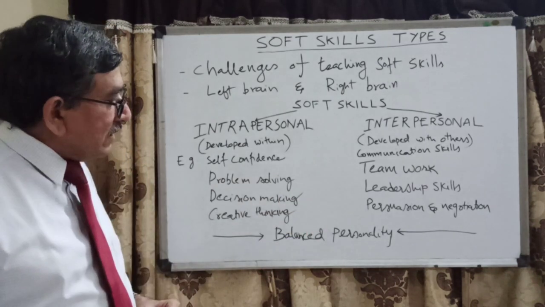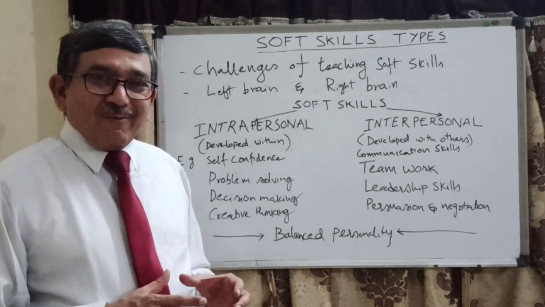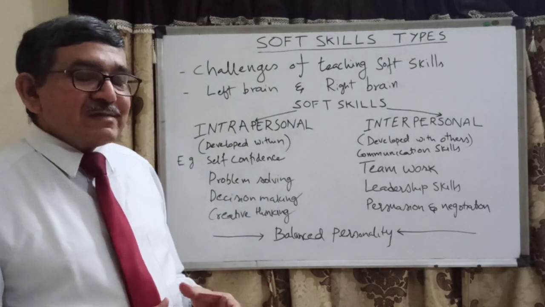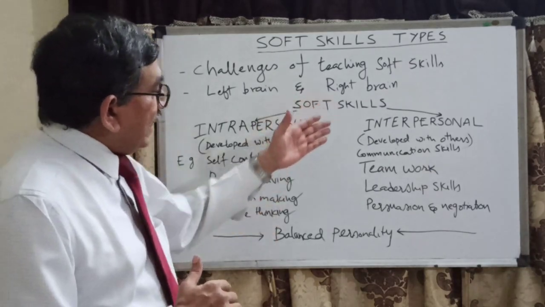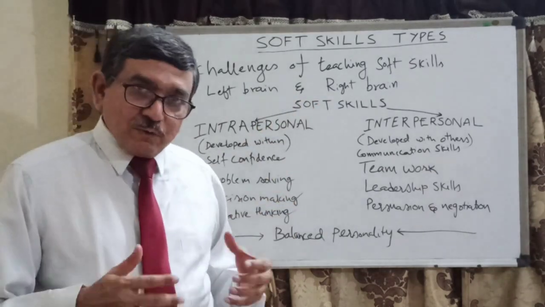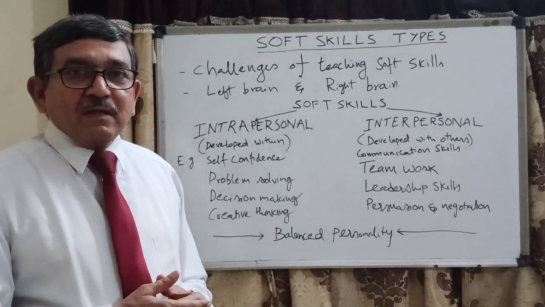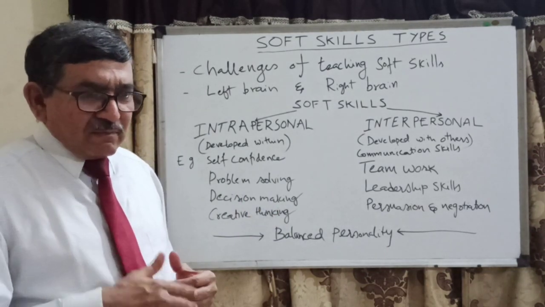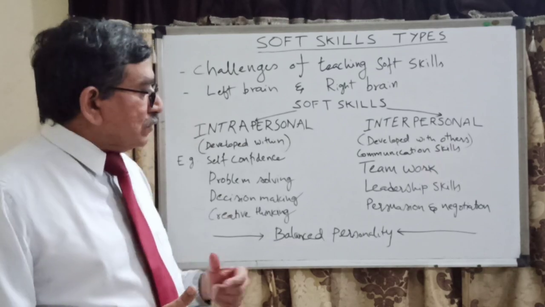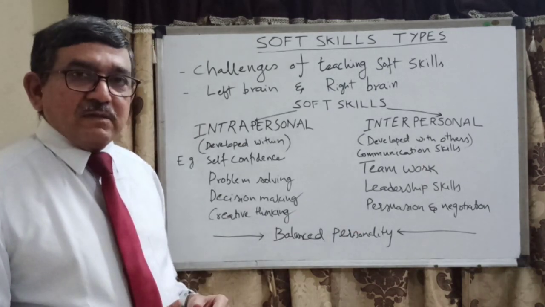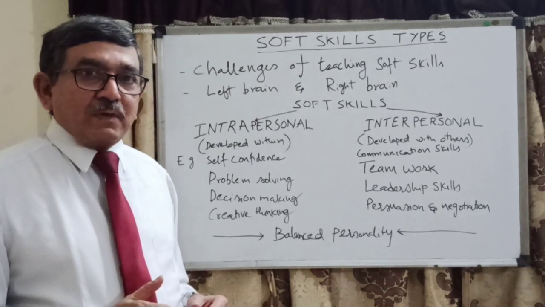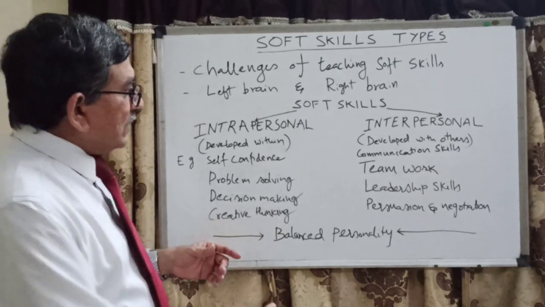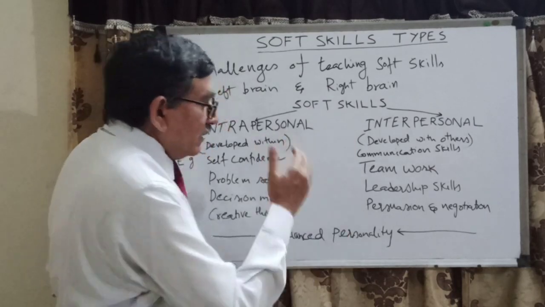So leadership skills are one kind of interpersonal skills, and it's a high-end skill by any means. And then persuasion and negotiation skills. And the common word that is used to represent these skills is convincing. Okay? So these come under the interpersonal skill set.